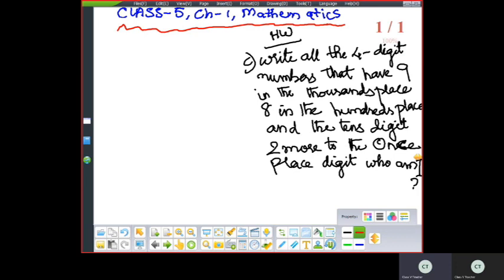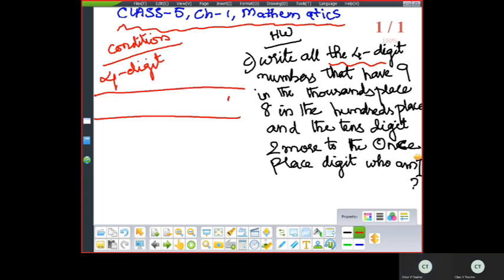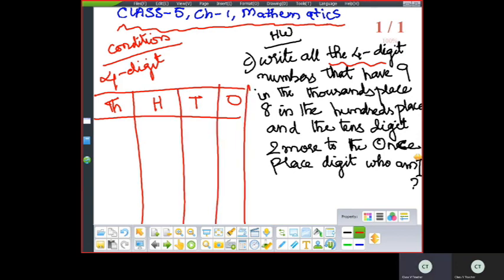So now let me just explain you the question. Okay, children? So write all the 4 digits. First condition, you have to write a 4-digit number. What should it be? It is a 4-digit number. Ones, tens, hundreds, thousands. Done? It is a 4-digit number.